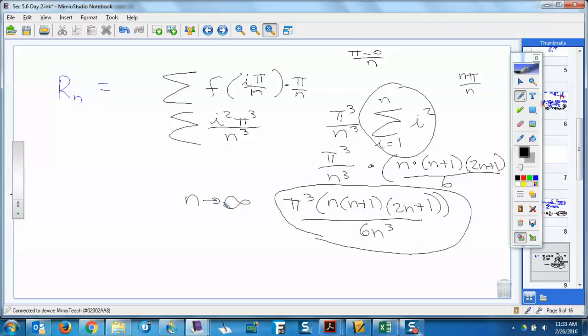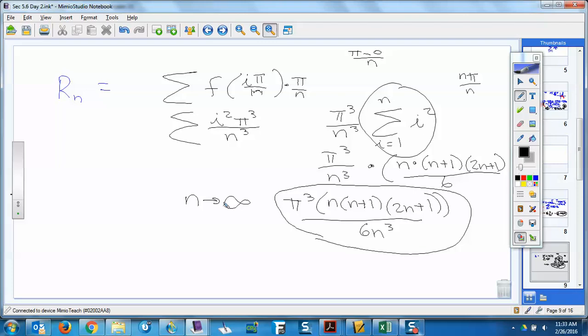So let's look at this as an infinite limit problem. As n goes to infinity, high powers dominate. When you FOIL this out, we don't have to, because all we care about is the high power. What's going to be the high power up here? 2n cubed.